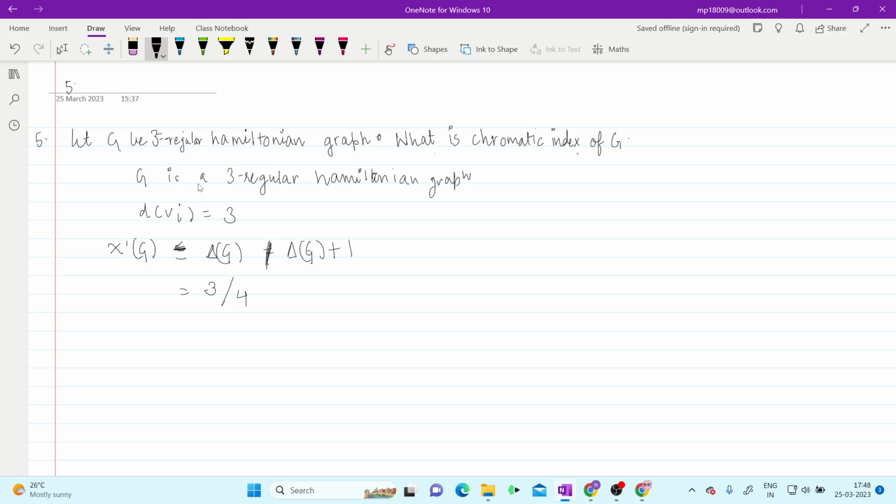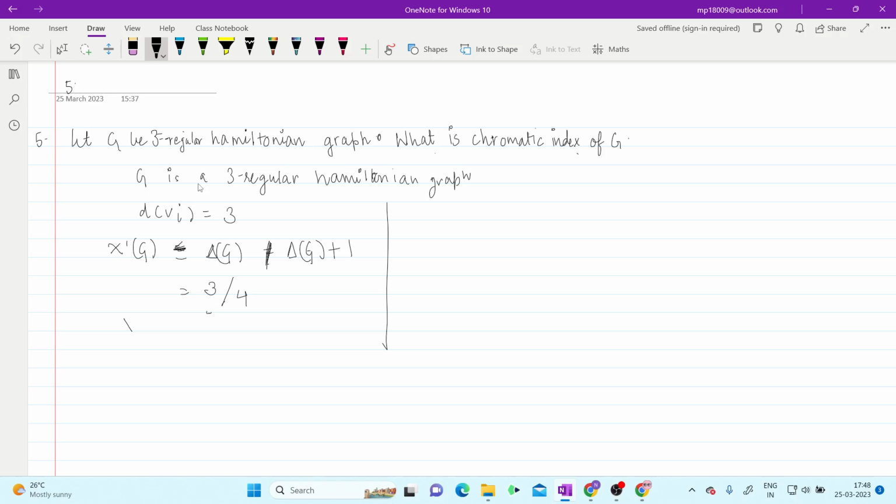Now if we can color the edges of this graph with 3 colors, then we can say that the chromatic index will be 3. So let's see if we can do that. First of all, G is a Hamiltonian graph.